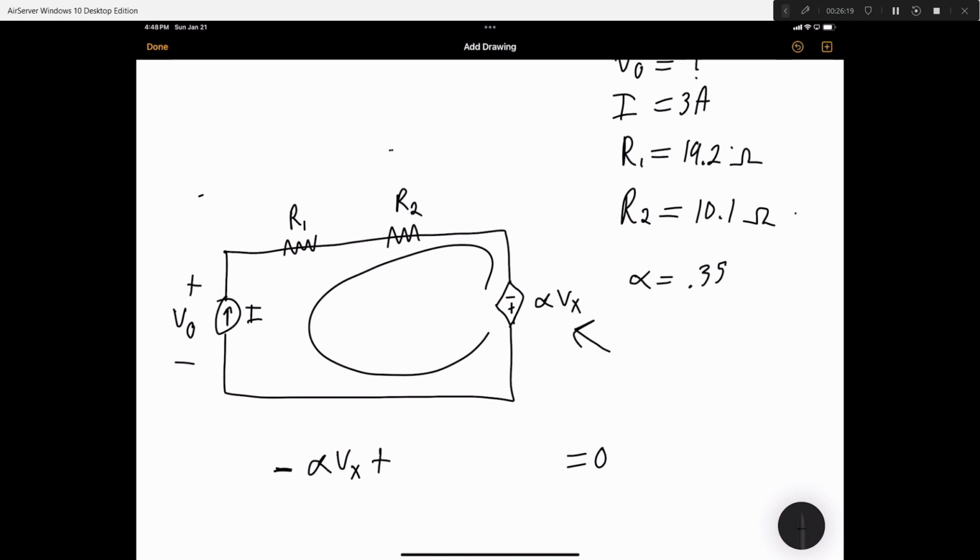We showed that number is 19.2 times the current 3 is 57.6. Okay. 10.1 times 3, which is 30.3. Some big numbers.